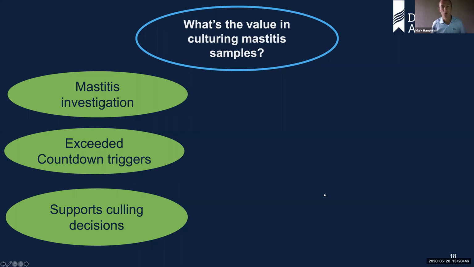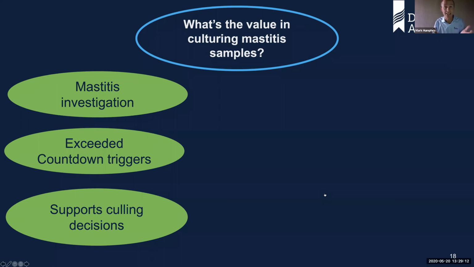The other reason traditionally for using cultures is when those countdown triggers that I've talked about in terms of calving time mastitis and during lactation mastitis have been breached. I will add one more though, and that is, what is the percentage of cows that come back after having mastitis for the first time?